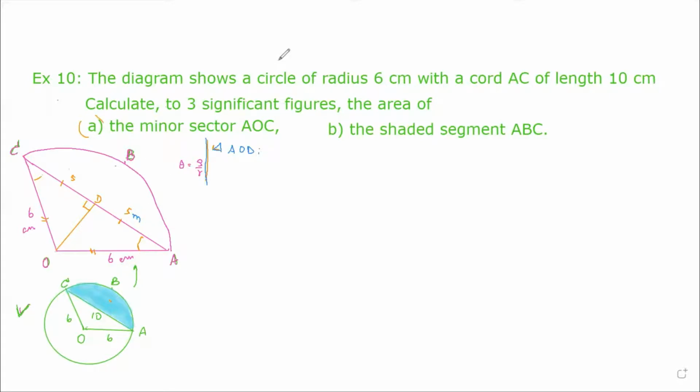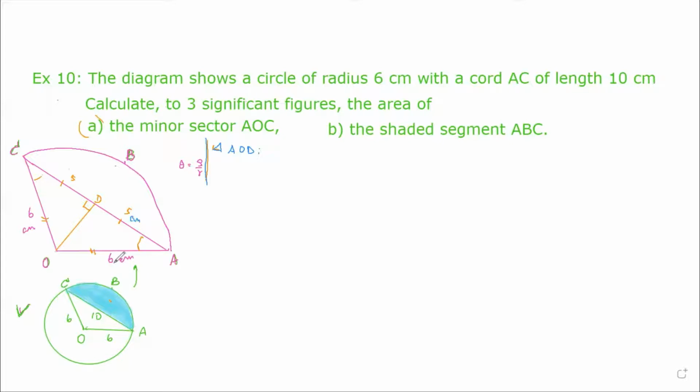I mean, this one is cm, not m, 5 cm. So I can use the cosine, right? Cosine is adjacent over hypotenuse. Okay.